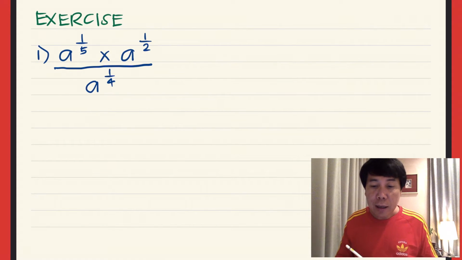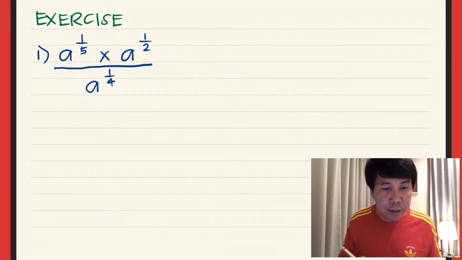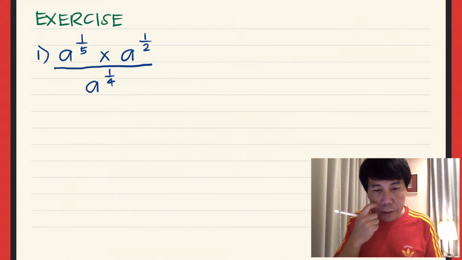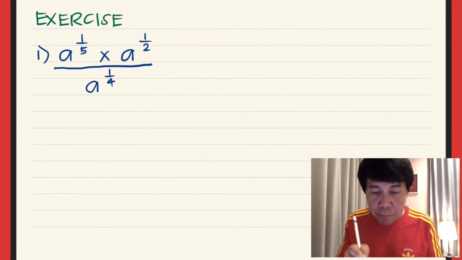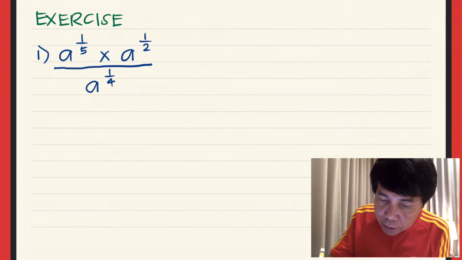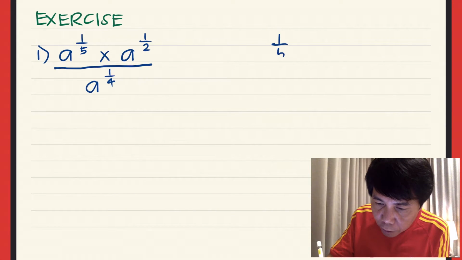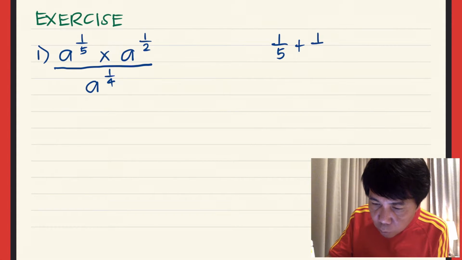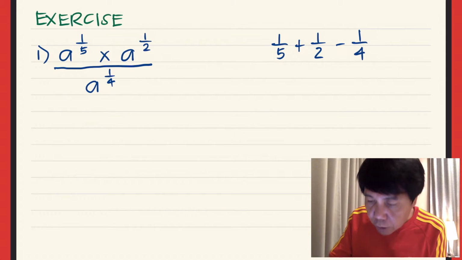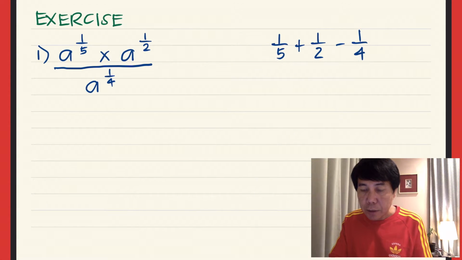Now, to find the answer for this, first we will add 1/5 and 1/2 minus 1/4. So it is addition and subtraction of fractions. For these fractions, we have to make their denominators the same.